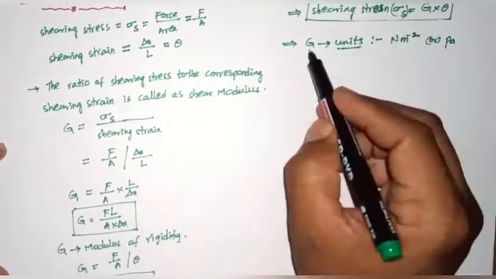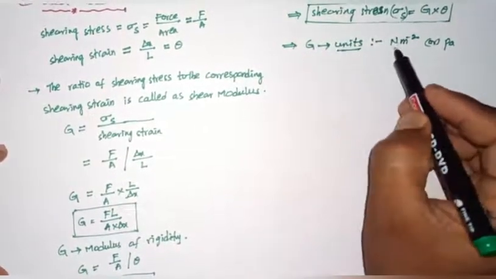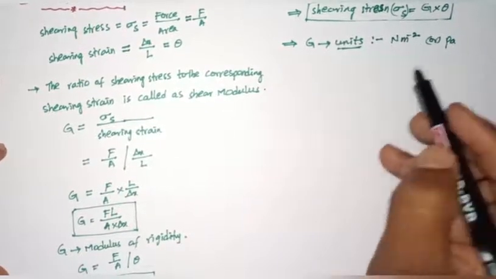So the units of G, the modulus of rigidity, are newton per meter square or pascal.